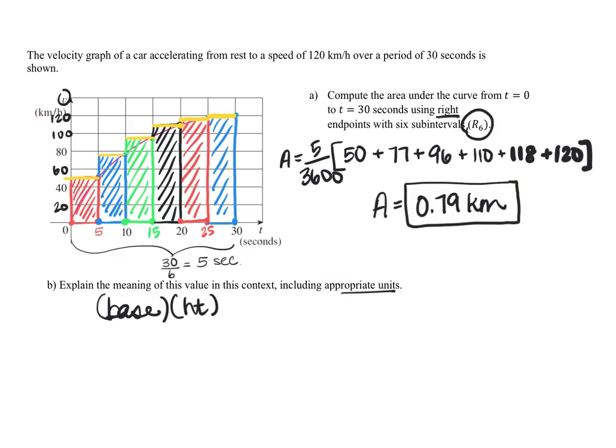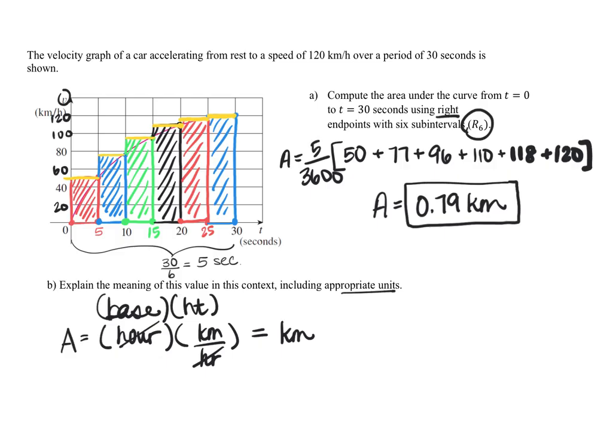The base measurement was originally in seconds, 5 seconds each, but we converted that into hours. So our base measurement is a portion of an hour, and our height is a velocity, measured in kilometers per hour. When we compute the area, base times height, the hours divide out and give us a final unit of kilometers.